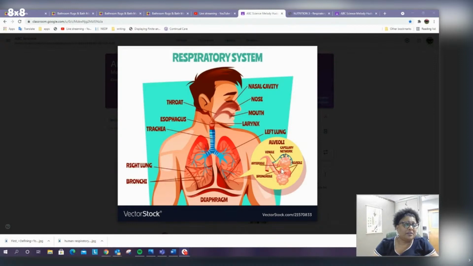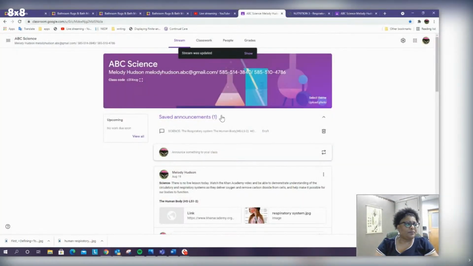And then you have the bronchioles, the tiny network within our lungs, and the arterioles, the smaller arteries, and the venules, the smaller veins that form the network that nourishes our lungs. And it is within these alveoli, when we smoke, where we do the damage. So let's go on and take a look at our lesson for today.